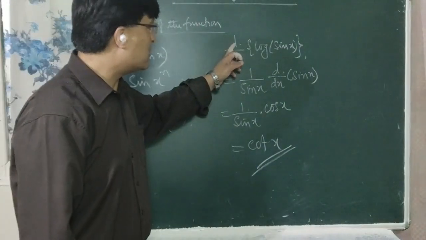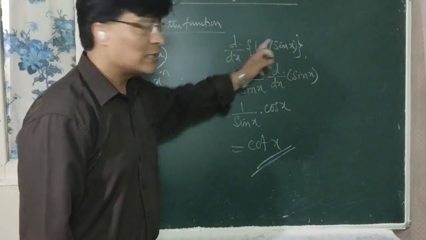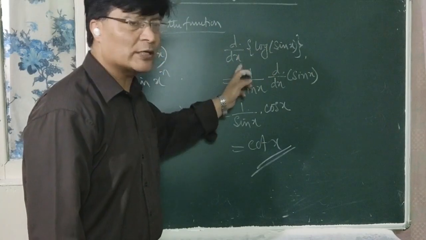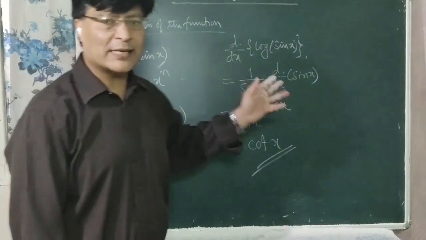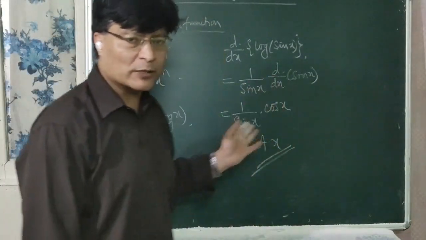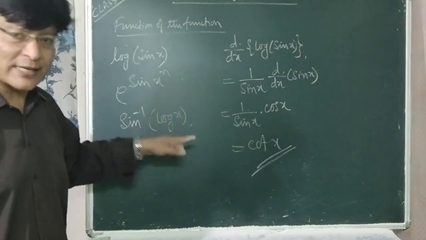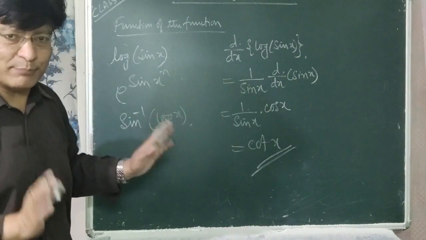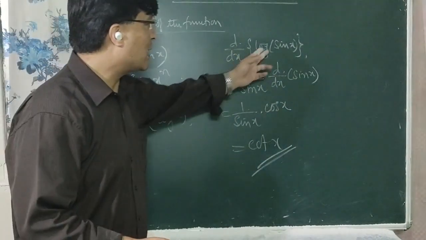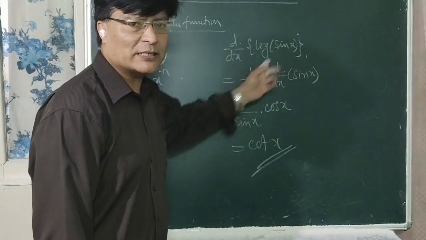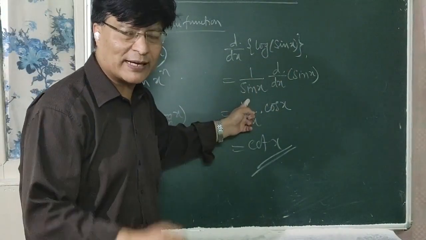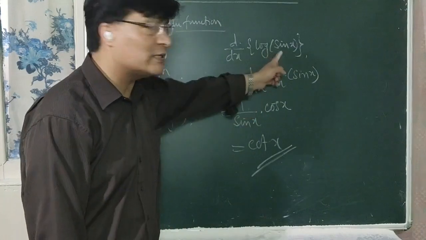So how can you differentiate d by dx of log of sin x? How can you differentiate log of sin x with respect to x? First of all, log function is there. Let us take it as log x. Which function is taken as x? Sin x is taken as x for the time being. So what is the differentiation of log x? It is 1 upon x. But we cannot write x here because instead of x there is sin x.